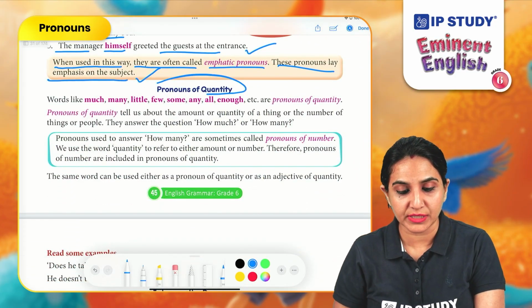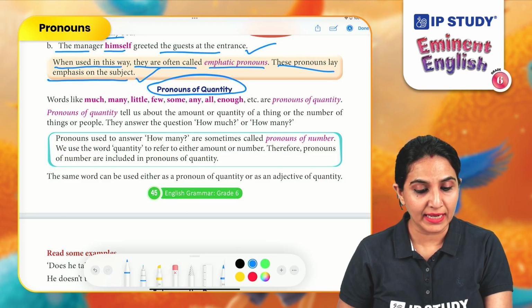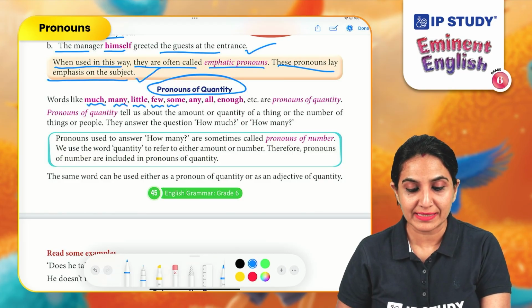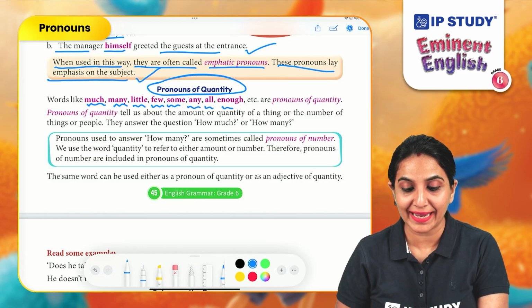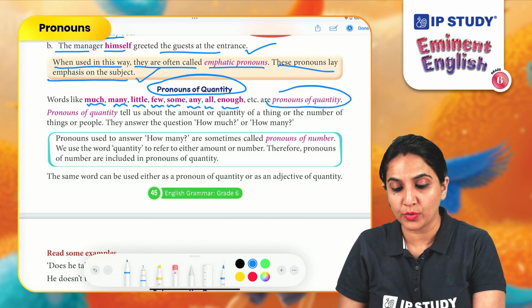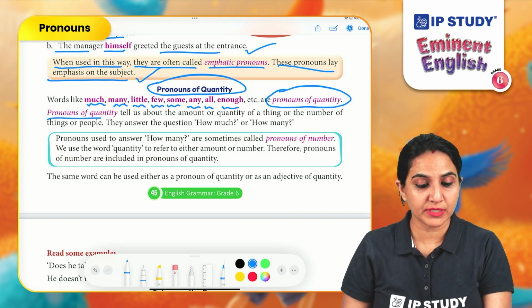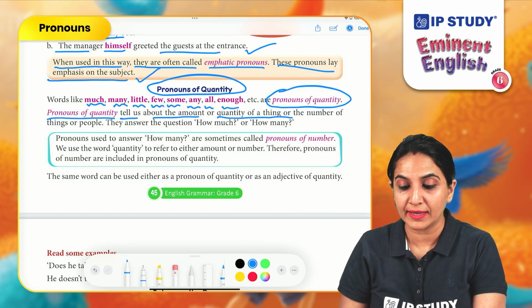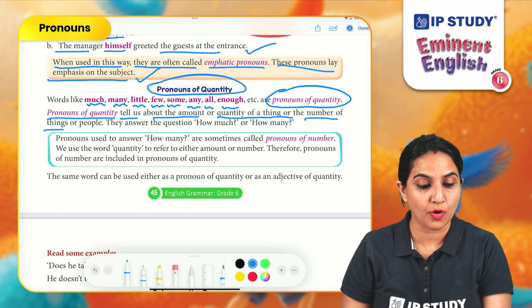Pronouns of quantity. Words like much, many, little, few, some, any, all, enough. They are all called pronouns of quantity. Pronouns of quantity tell us about the amount or quantity of a thing or the number of things or people.